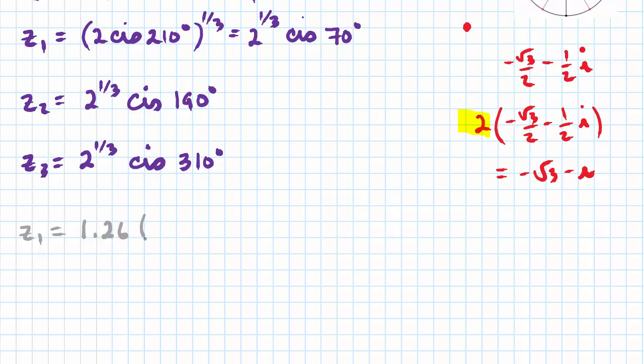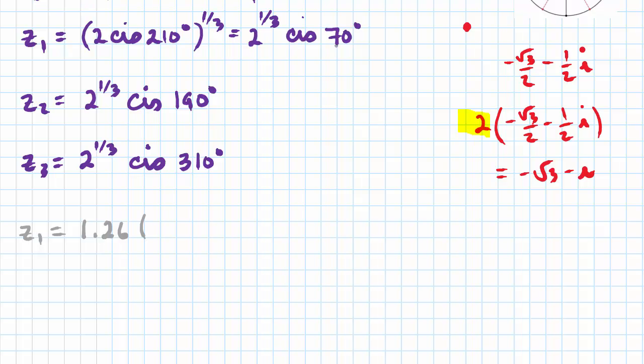And then we have to do cosine of 70. And in fact, I'm not going to use the rounded number, the 1.26. I'm going to use that exact number on my calculator.